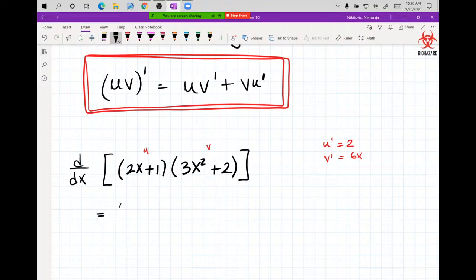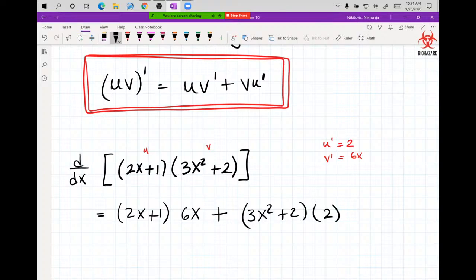So copy the first, that's 2x plus 1, times the derivative of the second, which is 6x, plus copy the second, 3x squared plus 2, times the derivative of the first, and the derivative of the first is 2 only. So that's great. Now you just need to do the algebra to make sure that this is the same answer as what we had before.